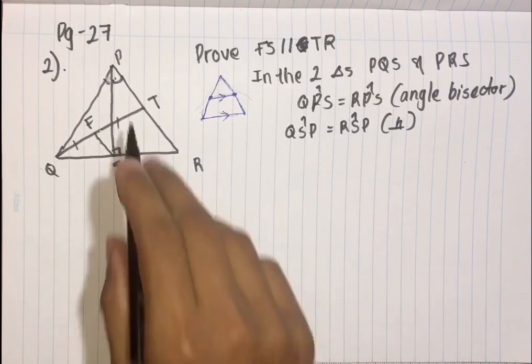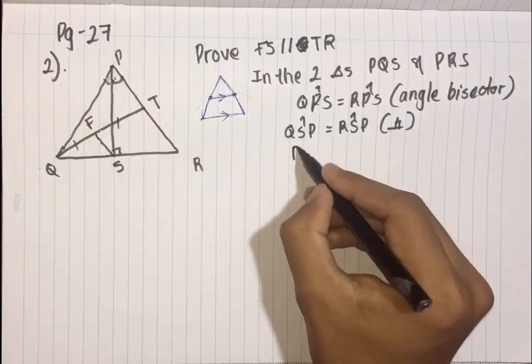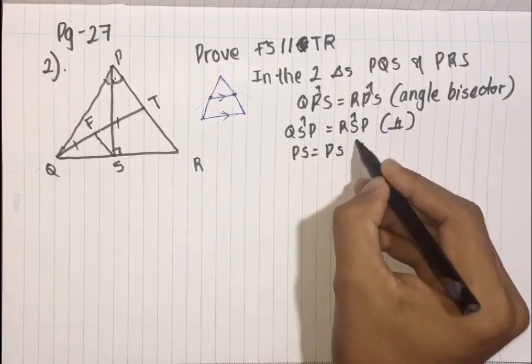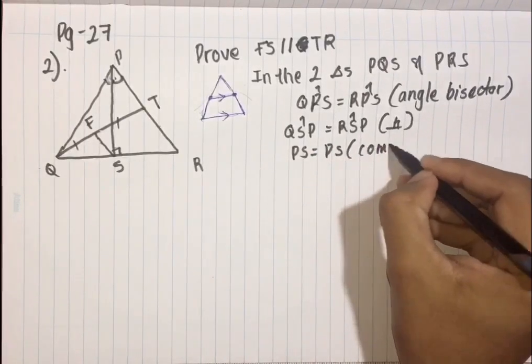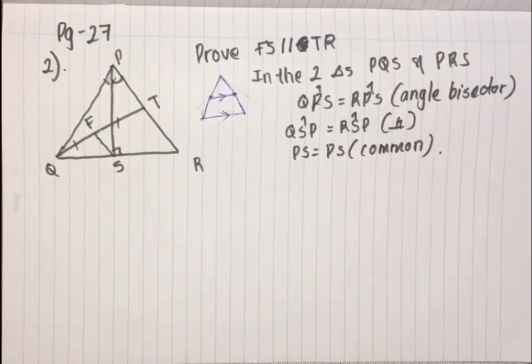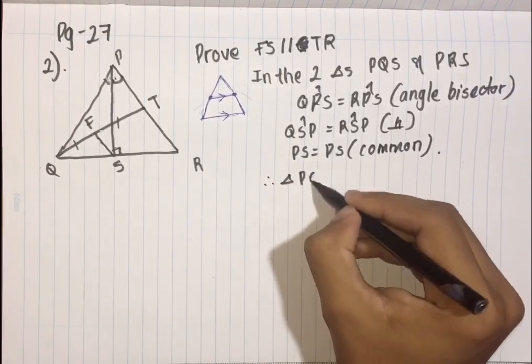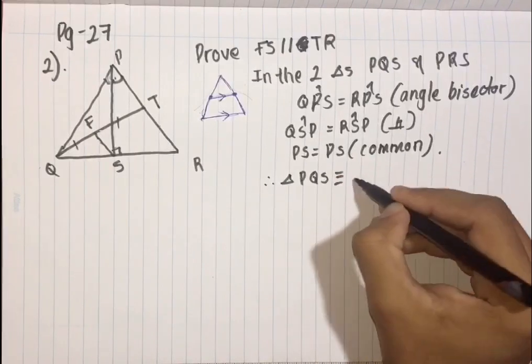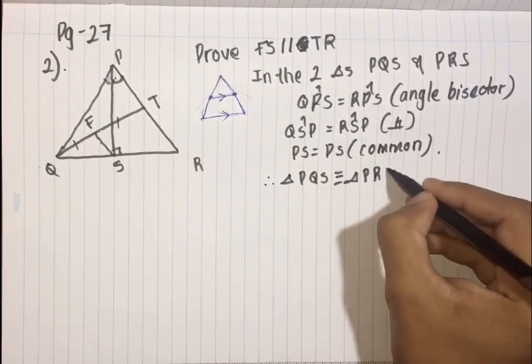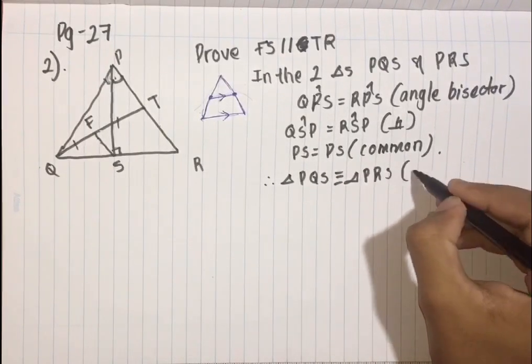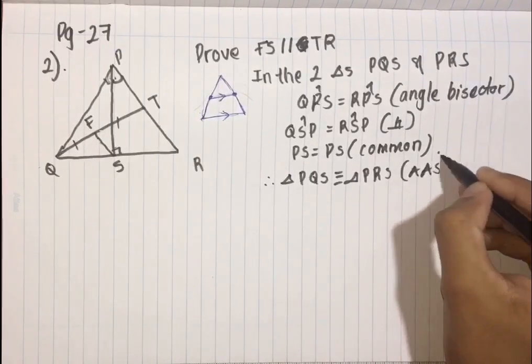Which side are you going to consider? You can consider that PS is equal to PS. The reason is it is the common side. Is that clear? Therefore, triangle PQS is congruent to triangle PRS. What is the reason? Angle, side.